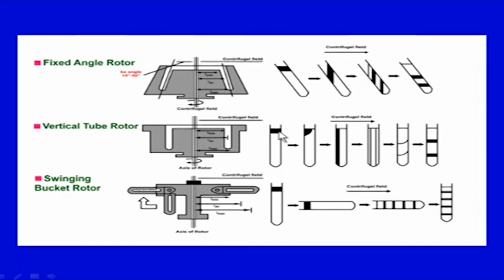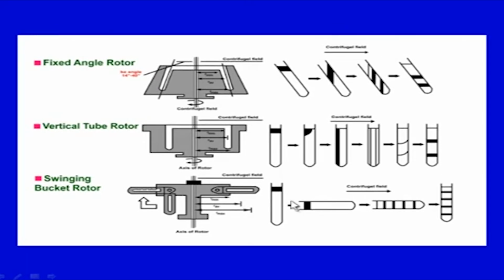As the spinning starts, the centrifugal force is in this direction, so everything is oriented in a vertical fashion. Separation takes place in that direction, and after some time when it again comes to rest, it reorients to the resting position with the separation achieved.